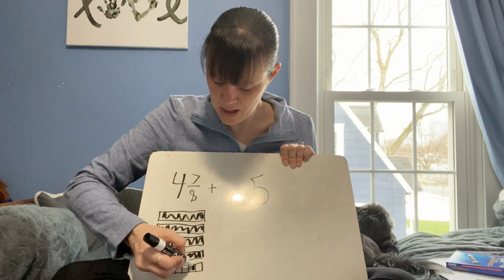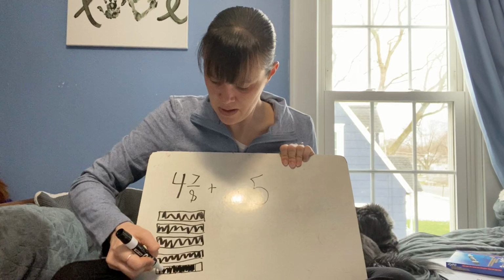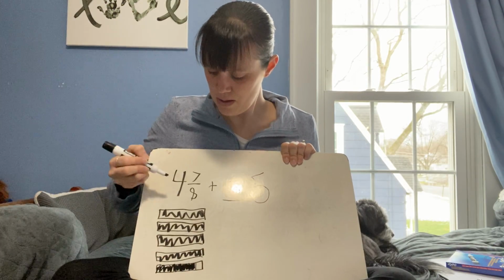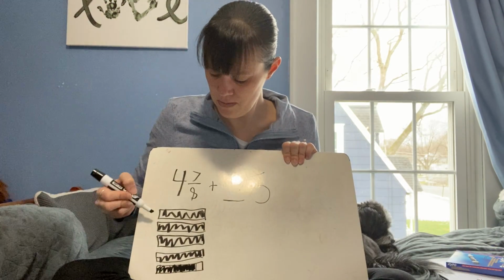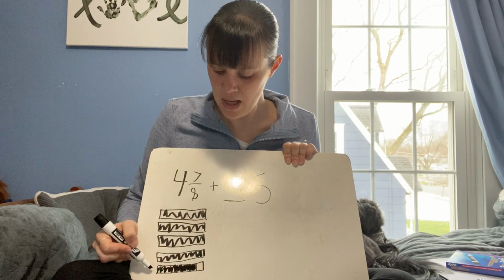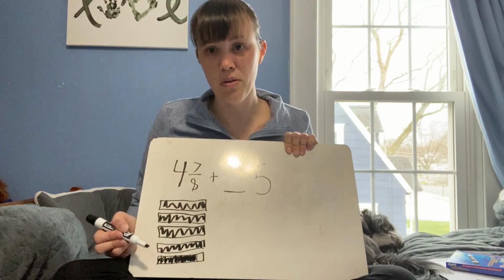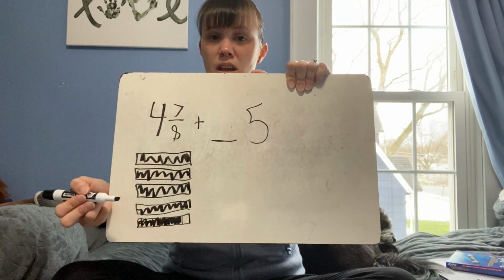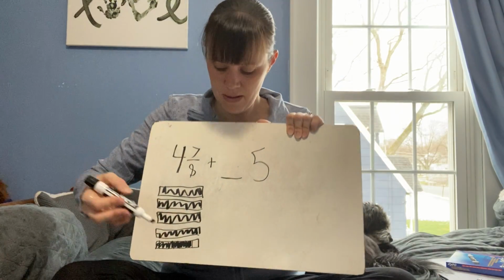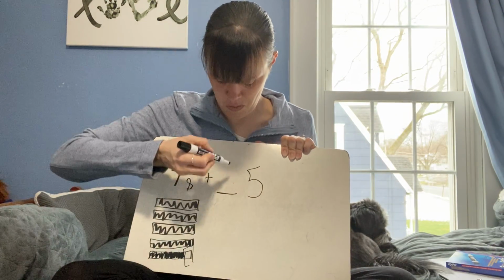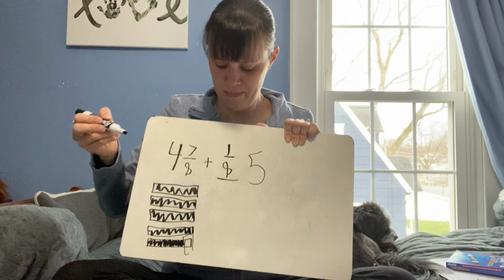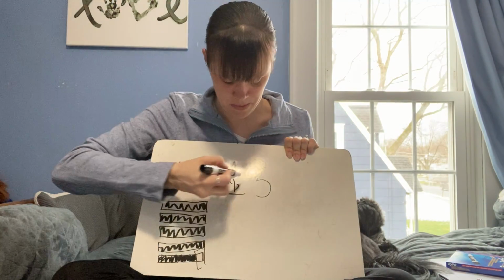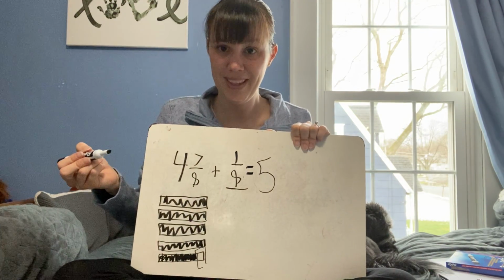So I need to color in. Okay, so this shows 4 7/8. 1, 2, 3, 4. I almost have 5 whole. How much left until I get to 5? 1/8. See, that wasn't so bad. Equals. Yay.